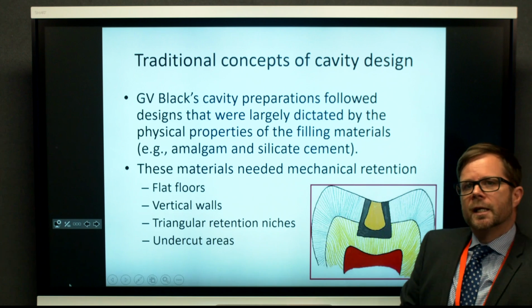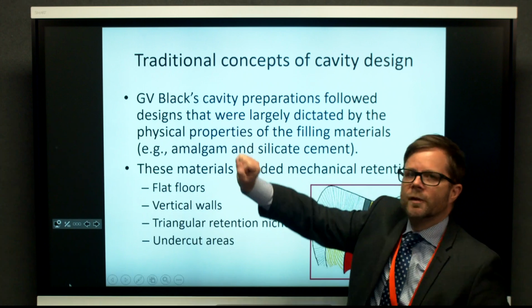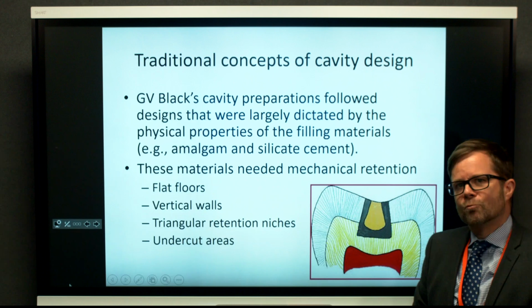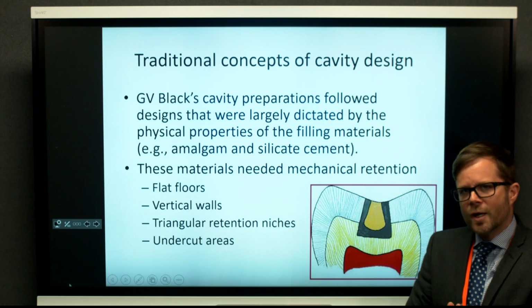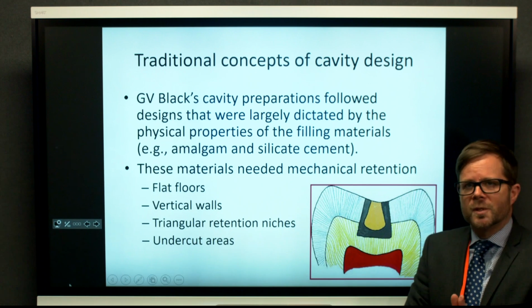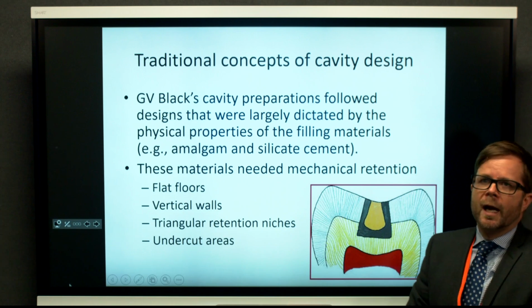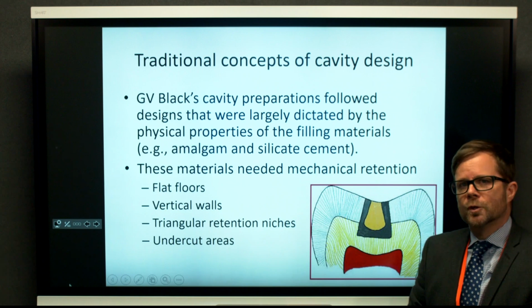Now, traditionally, in the olden days, and you might have heard of this guy, G.V. Black, he's the grandfather of dentistry. He was the person who wrote the first textbook about how to restore teeth. And when he was writing, there was only really one restorative dental material, and that was dental amalgam. And that dental amalgam relied on a geometrical shape of a cavity in order to be retained.